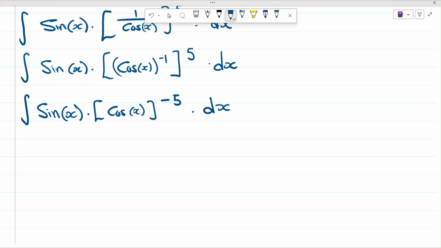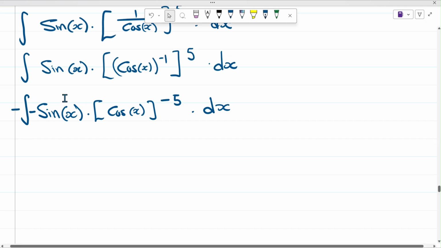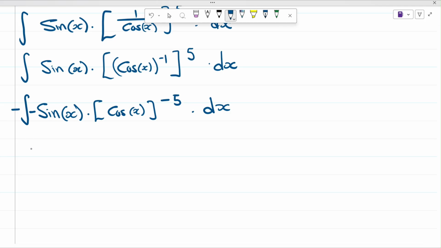So this thing is not negative, so we need to put negative and negative. So if I have my f prime of x and my f of x to the power n, which is -5, then I can make use of the general power rule. So let's apply it. We're going to take this negative outside, and then we apply our general power rule.